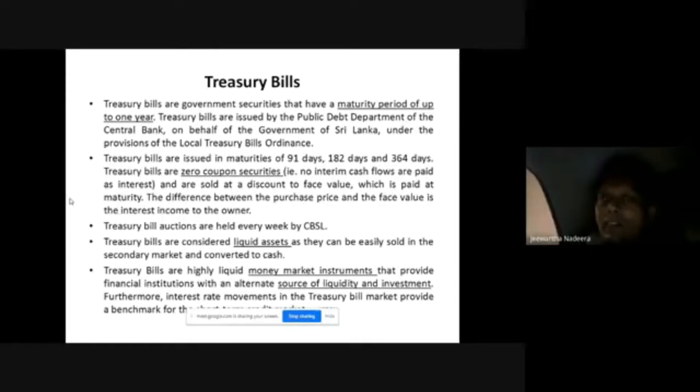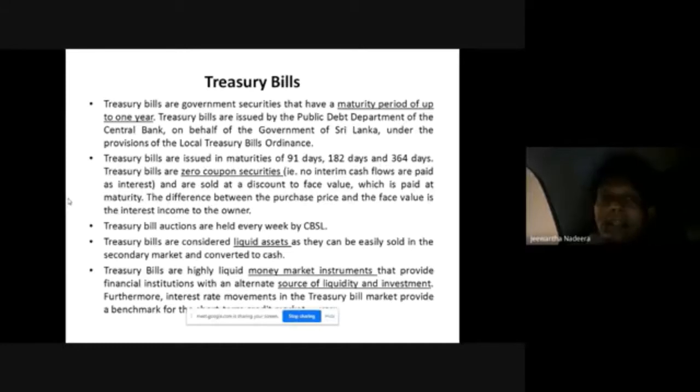So every Wednesday you have an auction. After 2 days, T+2 we call it, transaction date plus 2 is the settlement. So Friday is the settlement, provided that there are no holidays that week. The central bank publishes it; auction Wednesday, settlement Friday. The auction closes at 11, which means you can put in a bid until 11 am.